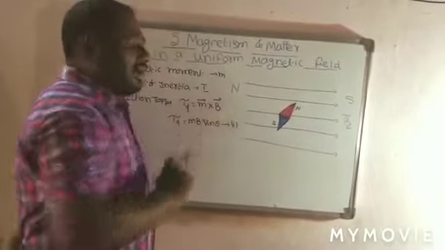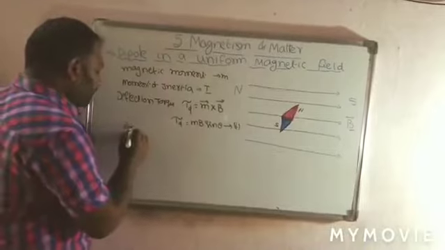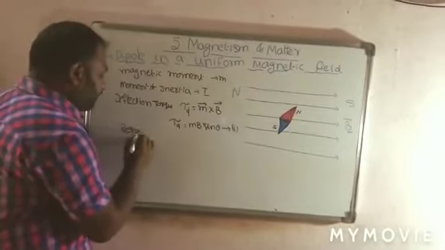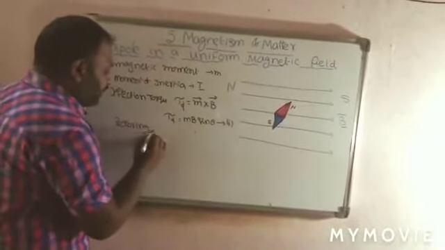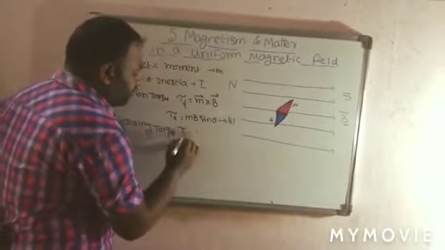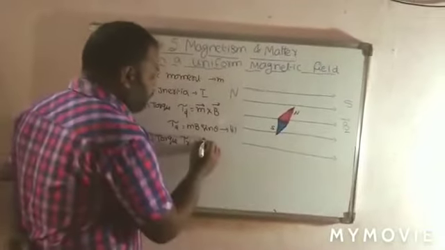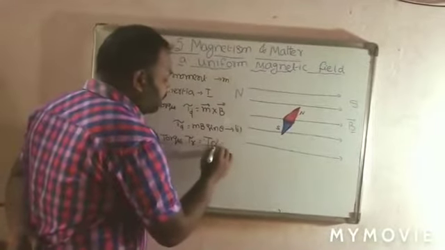That torque can be called a restoring torque. Here another torque is acting, that is known as the restoring torque. The restoring torque tau r is equal to, we know that in rotational motion, the formula for torque is I into alpha.